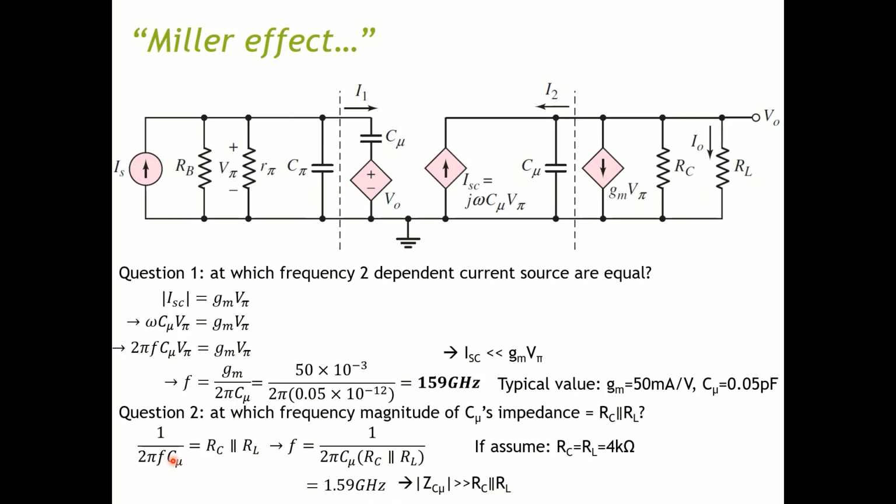Why? Because if the frequency becomes very small, then because it's in the denominator, this fraction becomes very large. So this one will be a lot larger than this. Therefore, you can consider C mu as open circuit.